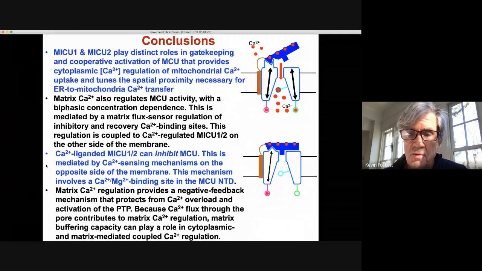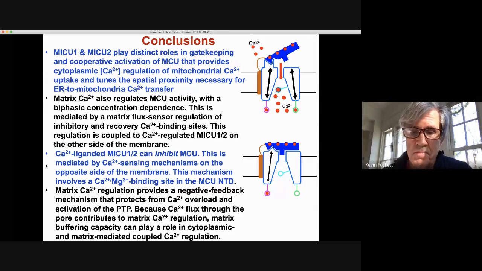And what MICU2 is doing is presumably, because it interacts differently with MICU1 than MICU1 does, through some type of allosteric regulation that's not informed by the structures so far, because there is no structure with a MICU1 homodimer in it, alter that interaction.